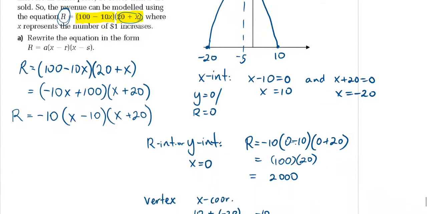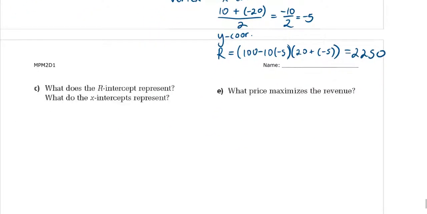So what does the r-intercept represent? So the r-intercept, or the y-intercept, is the coordinates 0 and 2,000. And so x equals 0. So this represents no price changes.